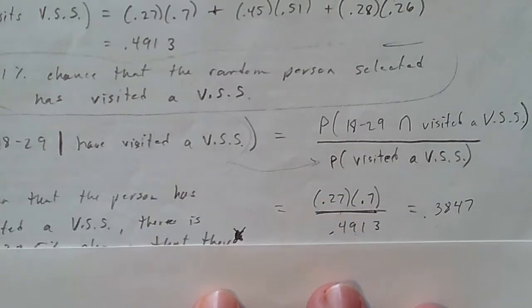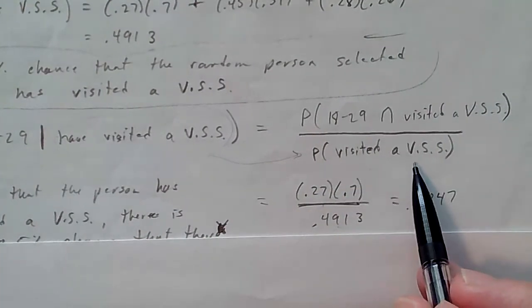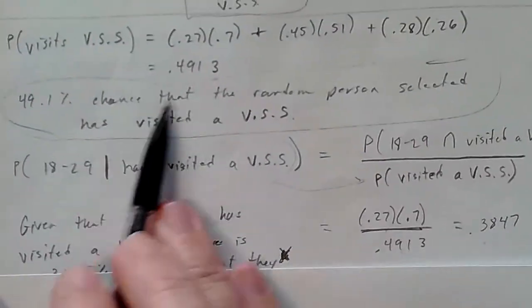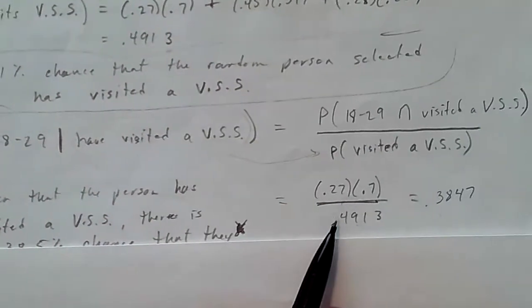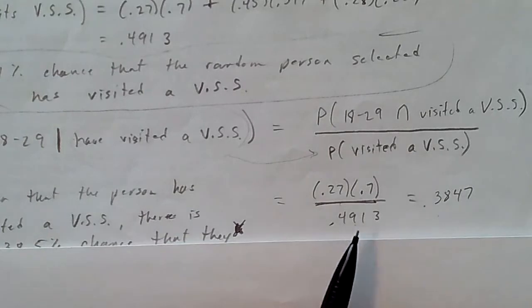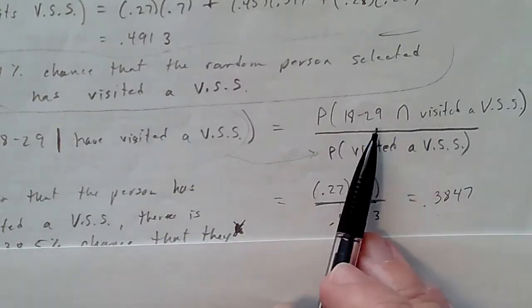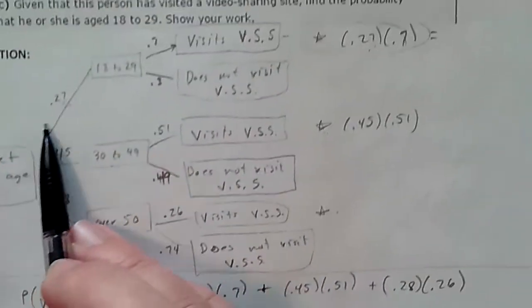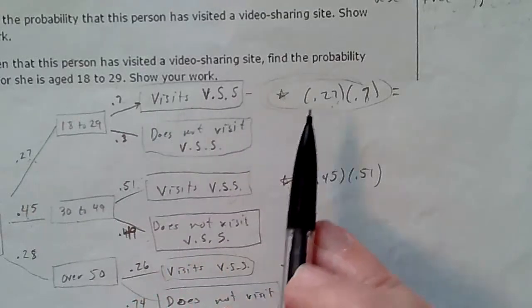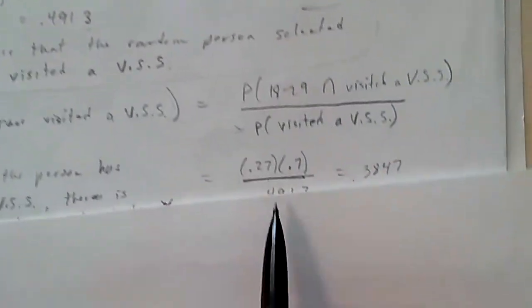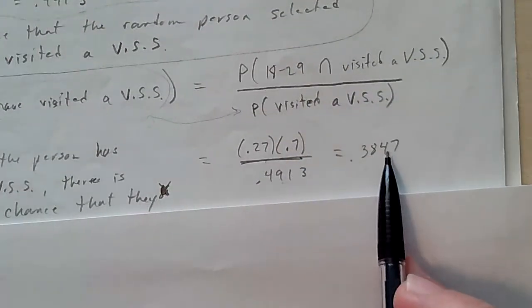Visited a VSS, we just answered that in part B. I'm not going to reinvent the wheel. 0.4913 goes here. And then what's the probability of this and that? It's just that single strand, 18 to 29 and visited VSS right there. So that goes over that, and we get 0.3847.